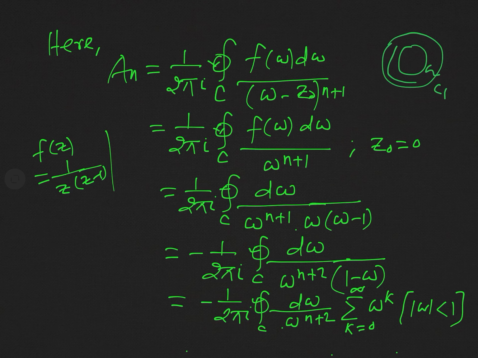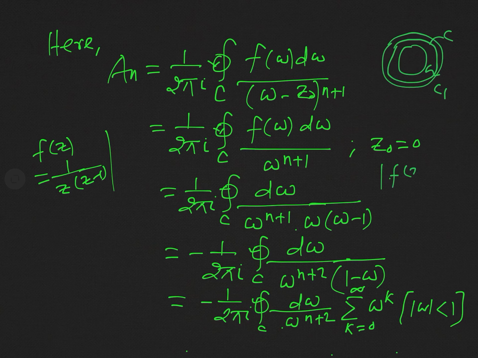This is C1 and this is C2, and we take a circle between these two circles and that is C. And a_n is defined in this way, and as z naught is 0, we write it as f of w dw by w to the power n plus 1.